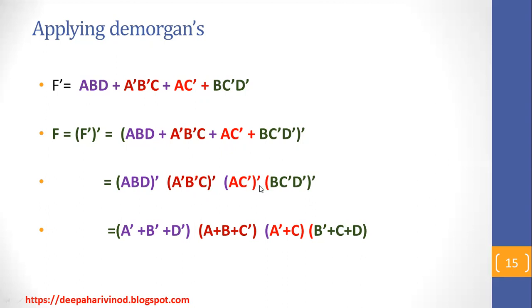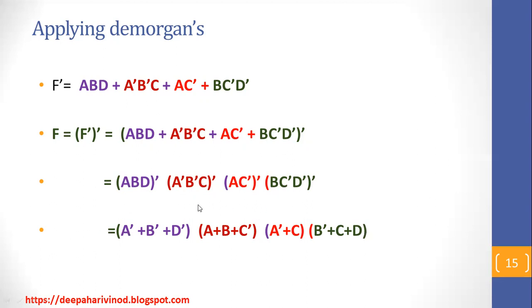The whole complement is split into individual complements, and later again applied to the individual terms in the bracket. Here we have dots, so they change to plus when you apply it individually according to De Morgan's. So this will be the final equation for F.